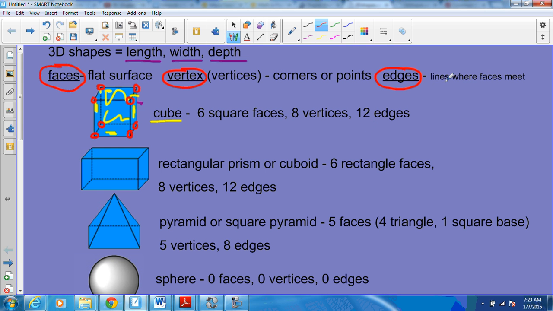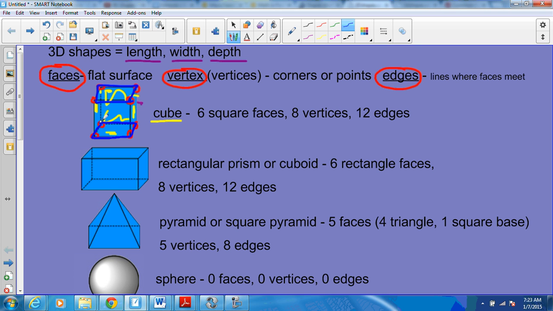Edges are the lines where the faces meet. So these have square faces and they meet up. So let's see if we can find those lines. Here's a line. Here's a line. And really, it's just the top of the cube. Those are 4 lines. Here's the bottom of the cube. 1, 2, 3, 4.